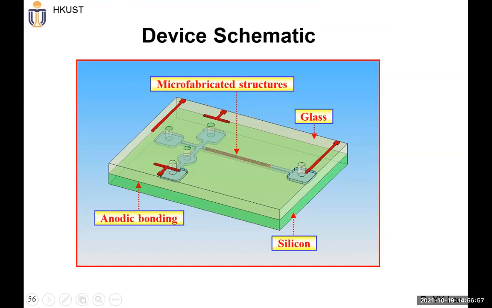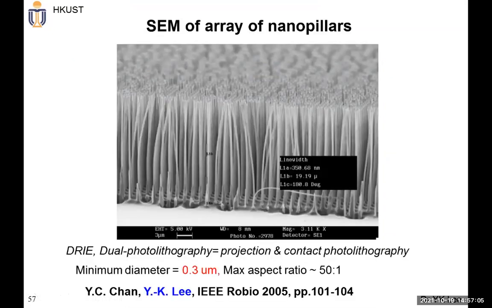And in this microchannel, we have some micron silicon pillar array. This used deep RIE, deep reactive ion etching, and a dual photolithography, basically projection lithography and contact lithography, so that we demonstrate this very high aspect ratio application.